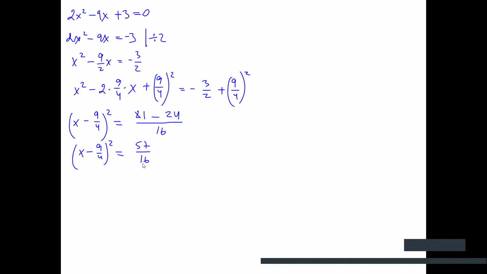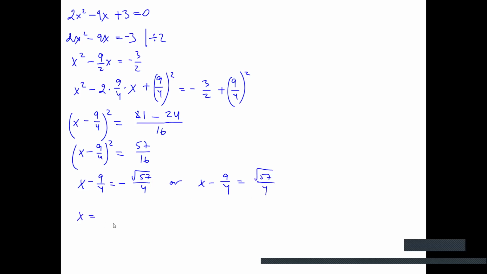Good? You got the same? Okay, so x minus 9 over 4 equals negative root of 57 over 4, or x minus 9 over 4 equals positive root of 57 over 4.